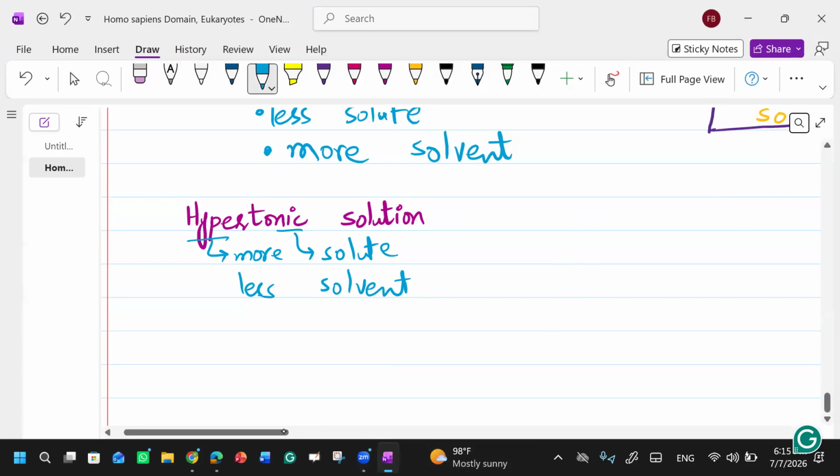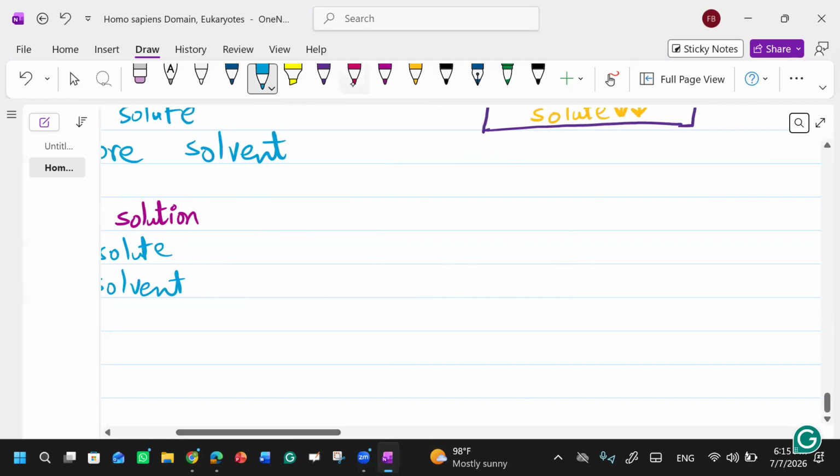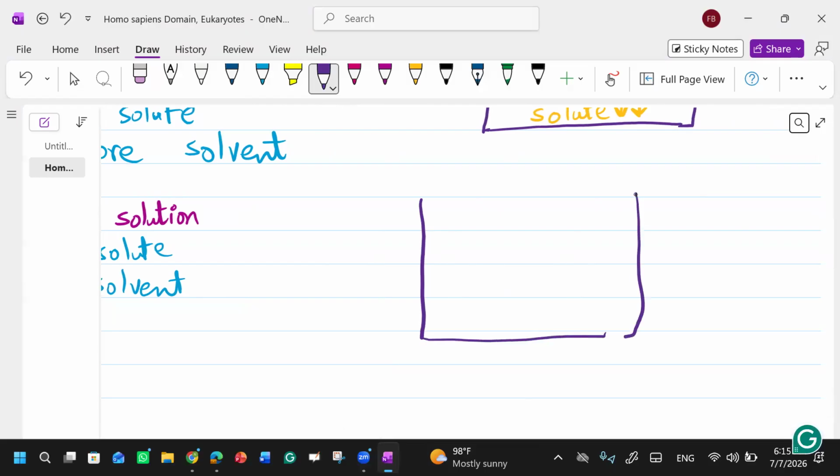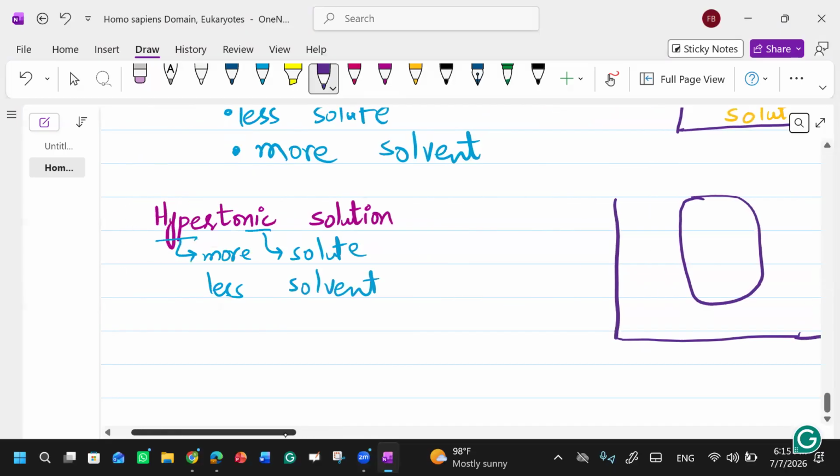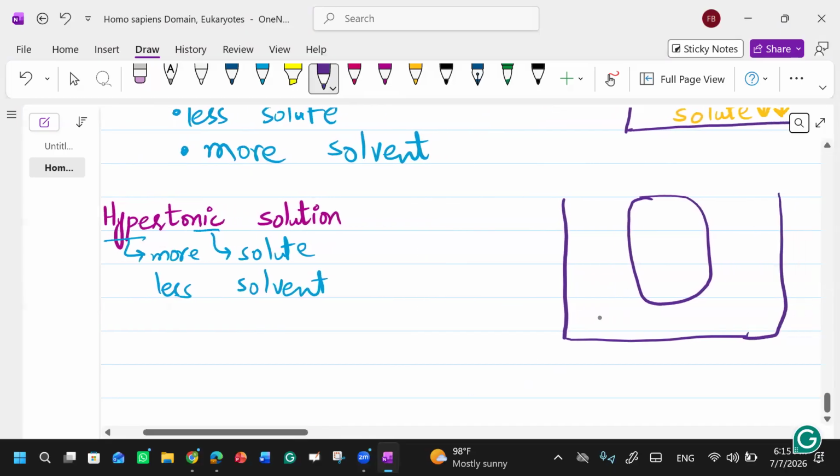So if we have less solvent, let's draw this diagram. You have this one. Now they have mentioned that over here there is more solute. It means there is less water.